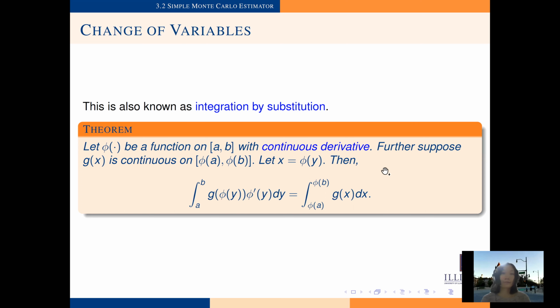Then the integral from a to b of g of phi of y times phi prime y dy is equal to the integral from phi of a to phi of b of g of x dx, where x is given by phi of y. Okay.